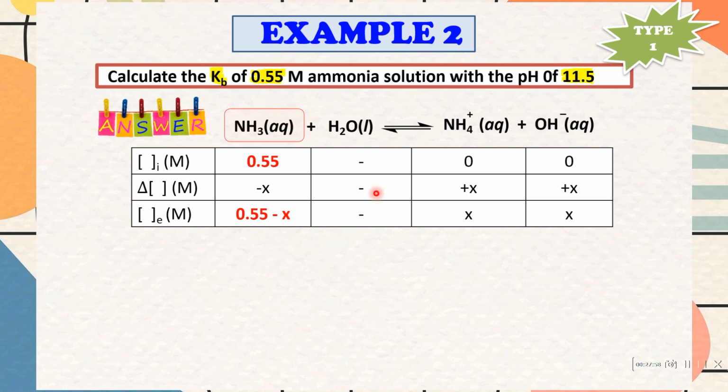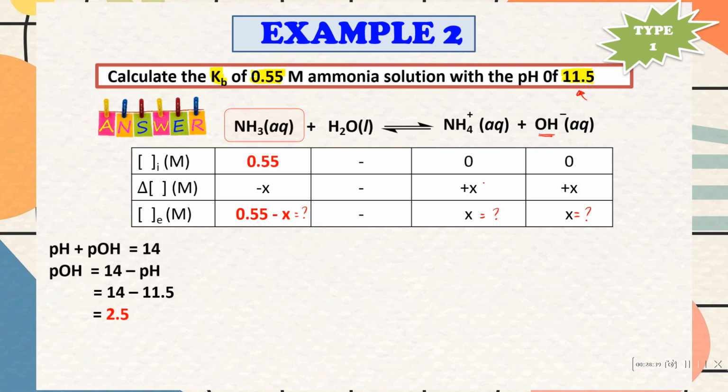So the question asks here to calculate the Kb. So actually, we want to calculate all the concentrations of the species at equilibrium. So how to solve this? Because we have one more piece of information here, which refers to the pH, you have to calculate the pOH. Since in the ICE table we have OH minus ion, that's why you have to calculate pOH, so that we can calculate the concentration of OH minus ion.